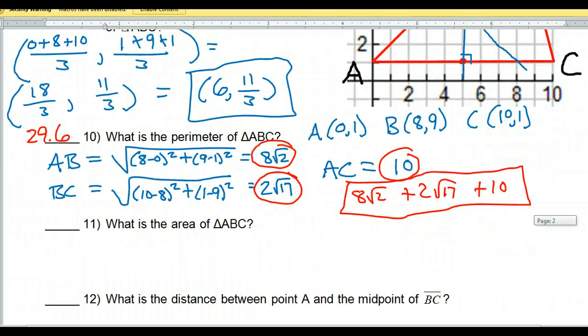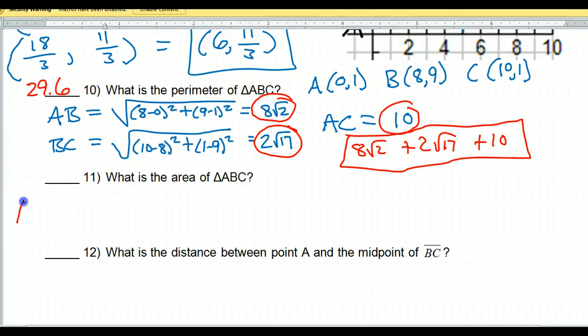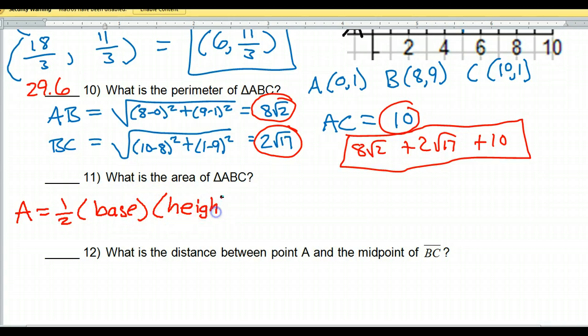Okay, so there's that. Area. Please remember that the area of a triangle is 1/2 base times height. There's a sign at the front of the classroom that says the area of a triangle is 1/2 BH, but it's up to you to know that that's base times height.